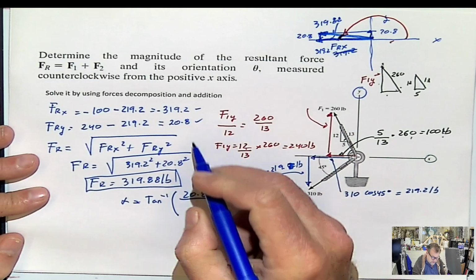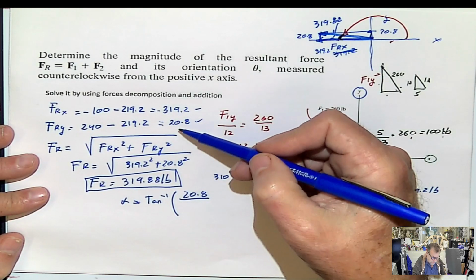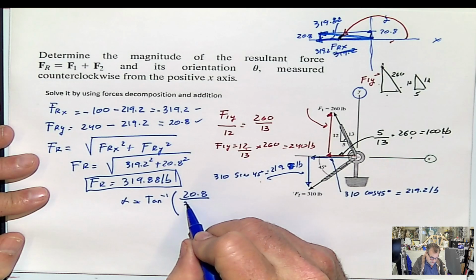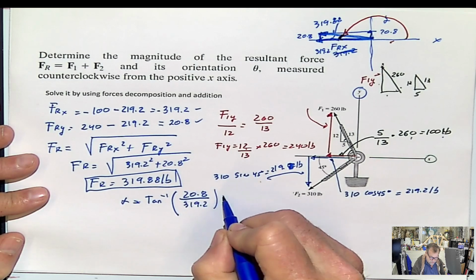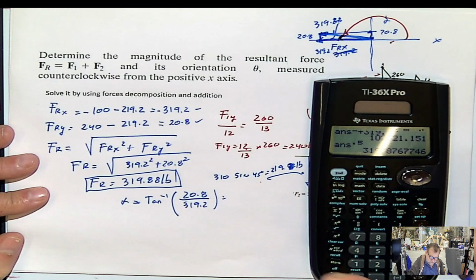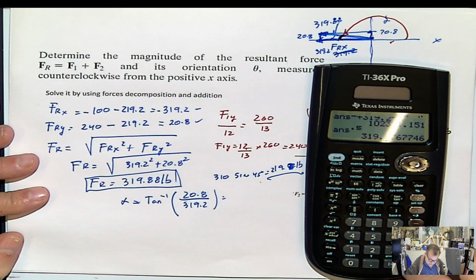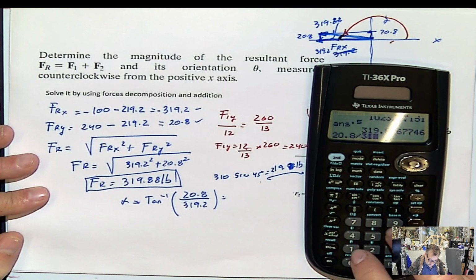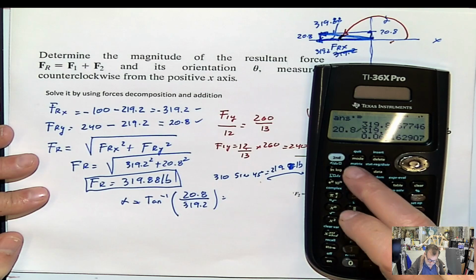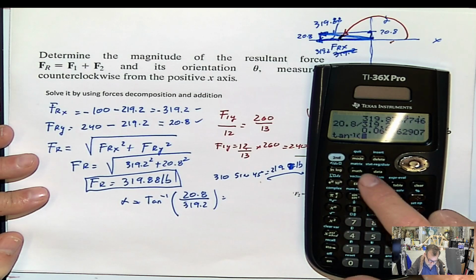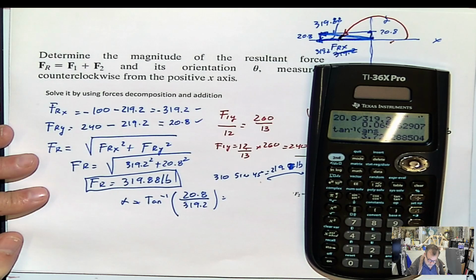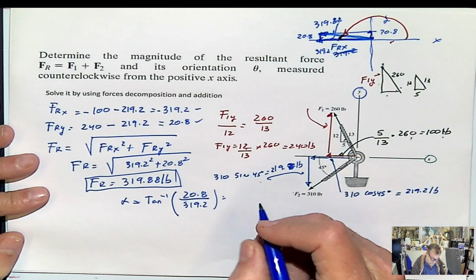20.8 divided by, and you always say Fy divided by Fx, 319.2, and that will give alpha. 20.8 divided by 319.2, inverse tangent. That will be 3.73.